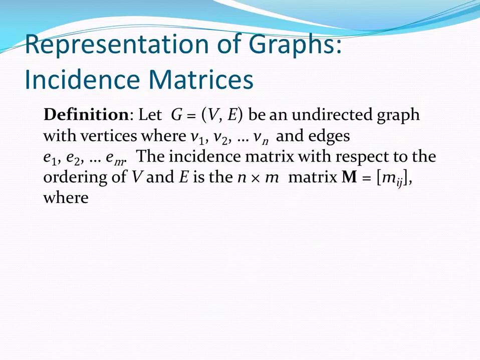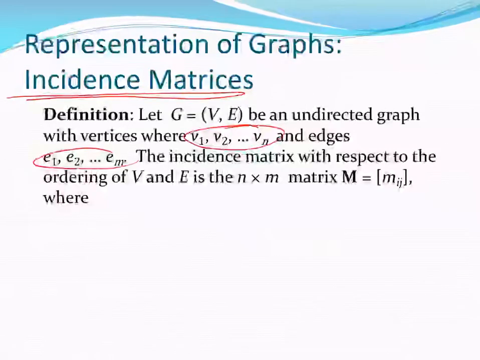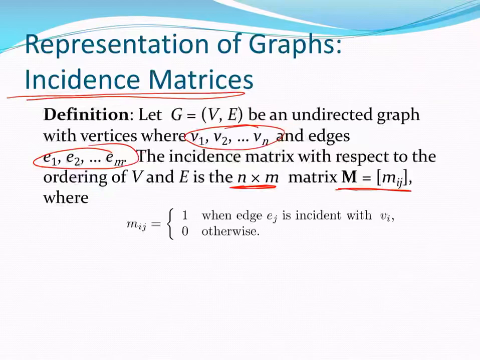All right, one final representation technique is called an incidence matrix. Here we have n vertices and m edges, and we're going to create a matrix that is n by m, where the rows represent the vertices and the columns represent the edges. So it's the matrix M, n by m, where the mij entry is 1 if edge j is incident with vertex i, and 0 otherwise.